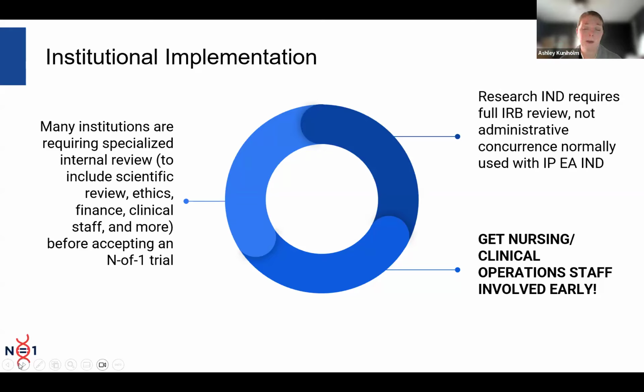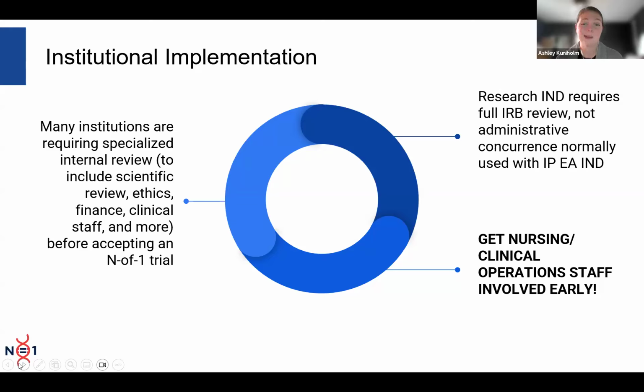And I have put in bold and all caps the thing that has made this the most successful in the cases I've been involved with, which is to get your nursing and clinical operations staff involved early. The people who are doing research are very accustomed to industry-sponsored trials. There's a protocol, there's a very rigid way of doing things, and this needs a lot more flexibility and finesse.